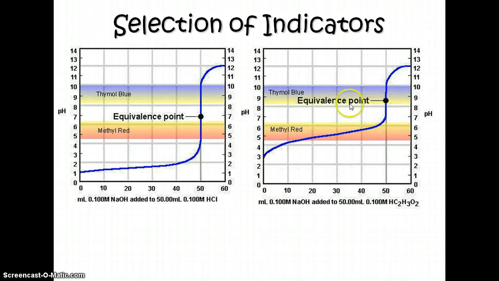Okay, so it's not good here because it's not within 1 pH unit of when they actually change color. So we would need to reevaluate and use some different indicators when we were dealing with that. All right, now notice that the equivalence point is above 7, so that means we made a basic salt, which means you had a strong base and a weak acid.